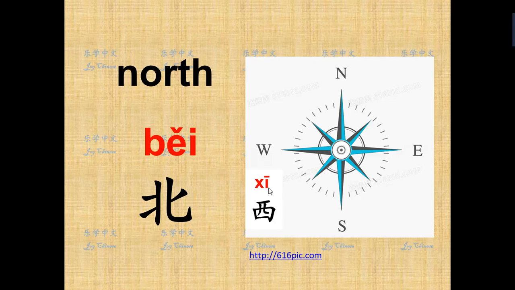It's xi, xi, xi. And east. Dong, dong, dong. So far we learned xi, dong, and bei. We will learn what the south is in the future.